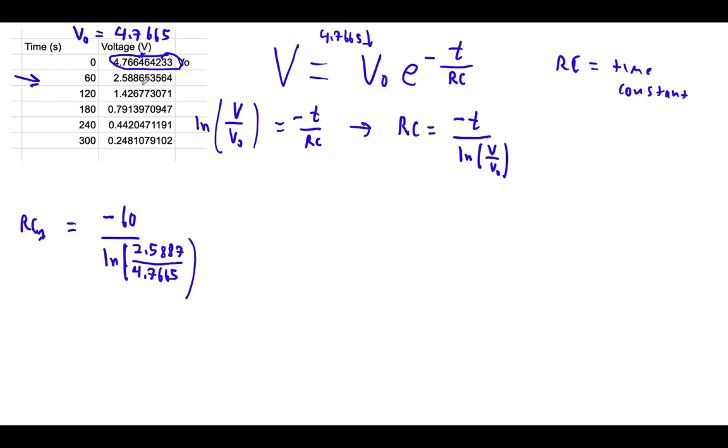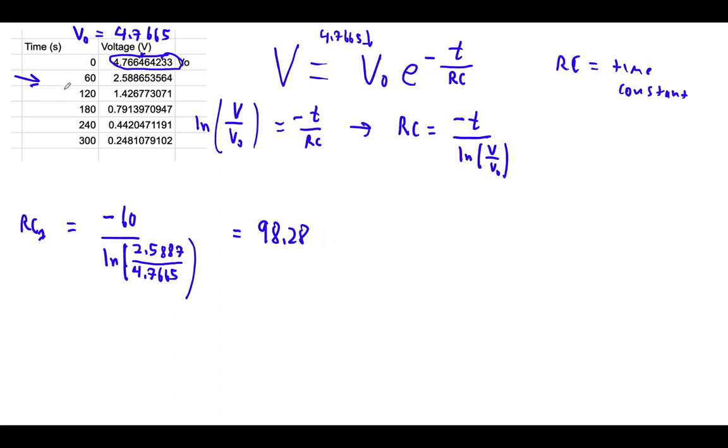We'll go 4 digits past the decimal point. Okay, so if I do this, I should get something that's really close to 100, but let's just see. The opposite of 60 divided by the natural log of 2.5887 divided by 4.7665, right parenthesis, and I get 98.28.